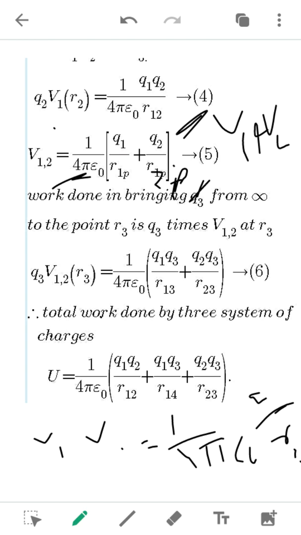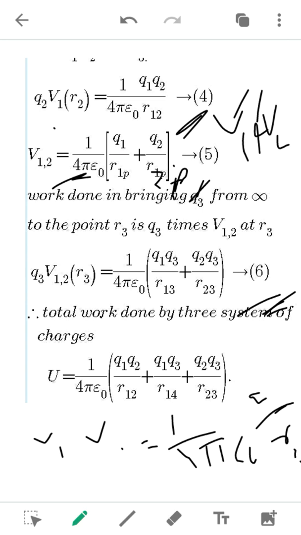So it will be 1 by 4 pi epsilon naught, Q1 Q3 by R13 plus Q2 Q3 by R23. This is the sixth equation. Now we will summate equation 4 and equation 6, and we get the total potential energy between the three charges.